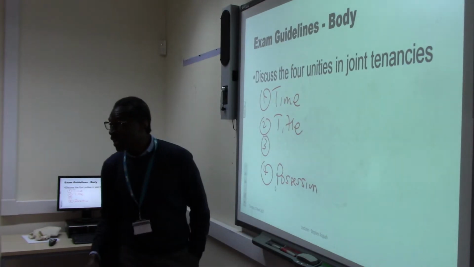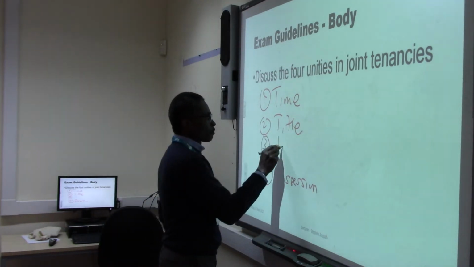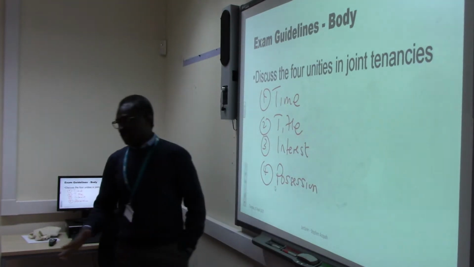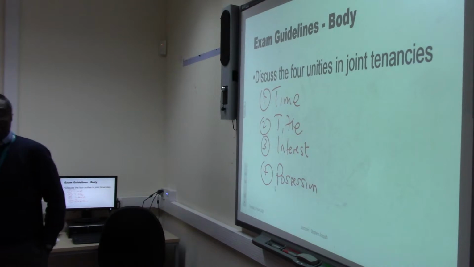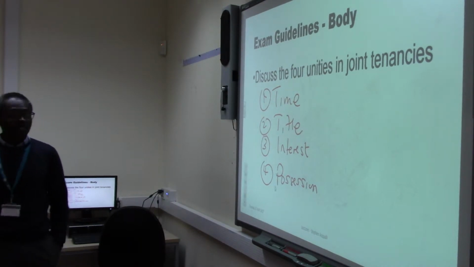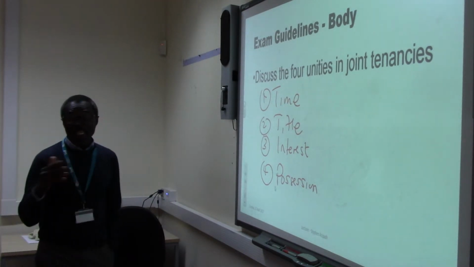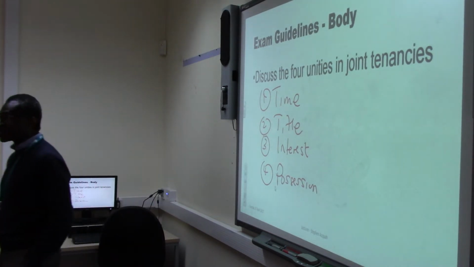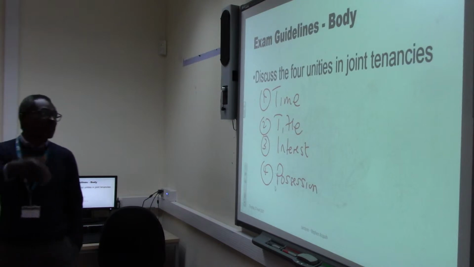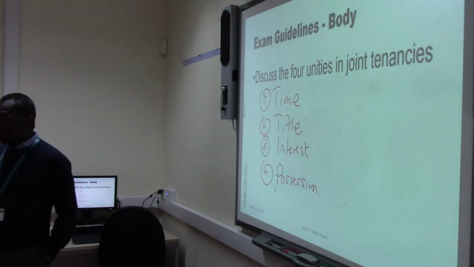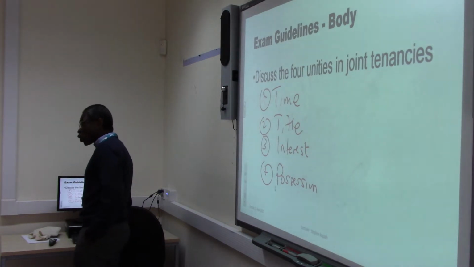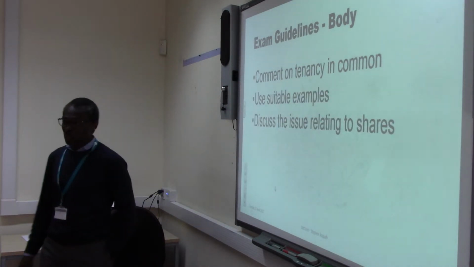Sorry? Interest. Interest, thank you. And a brief explanation. Time means you buy the house at the same time, you get the same title from the same document, you both have equal interest, 100% each, and you both live in the property at the same time. So possession and time really link together, but just a very brief discussion as to what they mean. And if these four things exist, then you hold your interest as joint tenants.